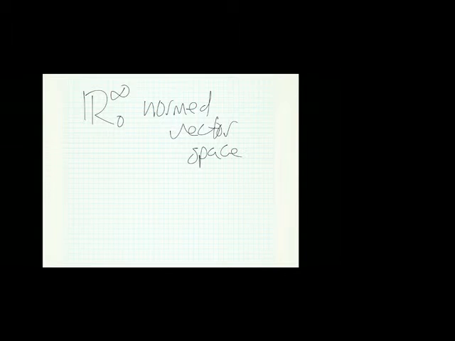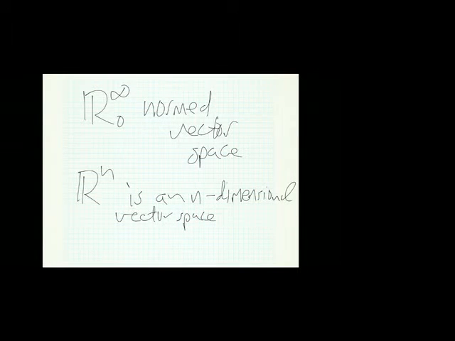So, let me point out something that's different. Rn, I won't give the definitions of these things, so just take it as terminology if you want. Rn is what we call an n-dimensional vector space, whereas my R infinity 0 is infinite dimensional.